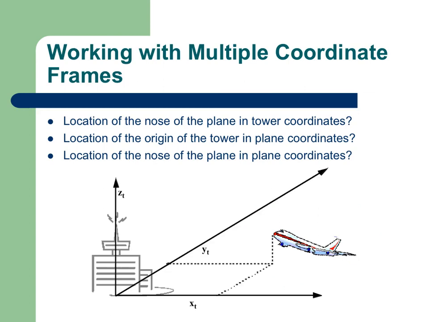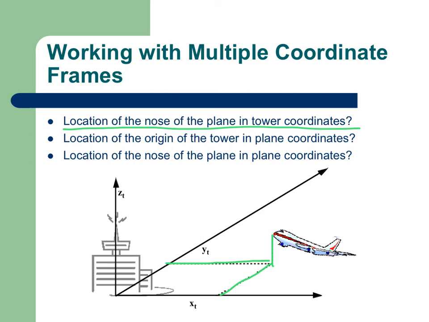Drawing some lines to show the math for the location of the nose of the plane in tower coordinates isn't too bad. We can just find where the nose of the plane is in tower coordinates, and if we know what those distances are, everything is easy and we can plot that point.